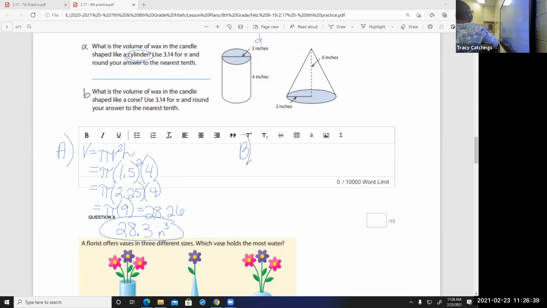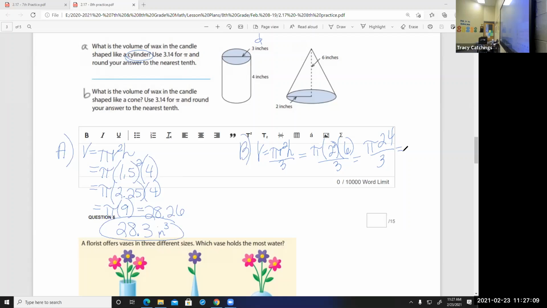All right, then we got part B. Is that the one divided? All right, what's the radius? 2 squared, the height, 6. What's 2 squared? Times 6. 24 divided by 3.